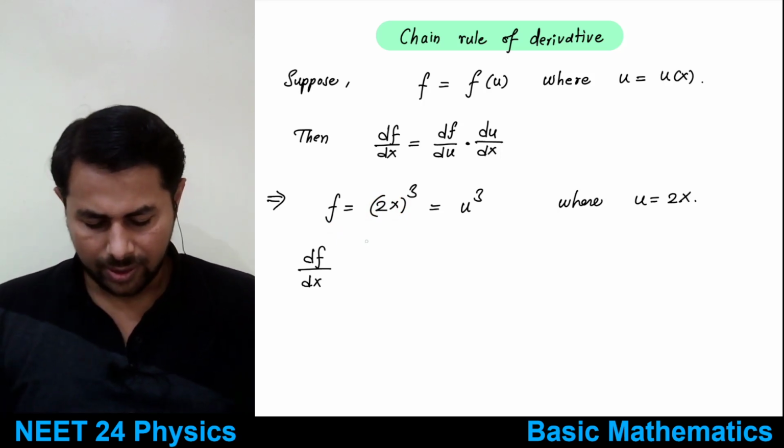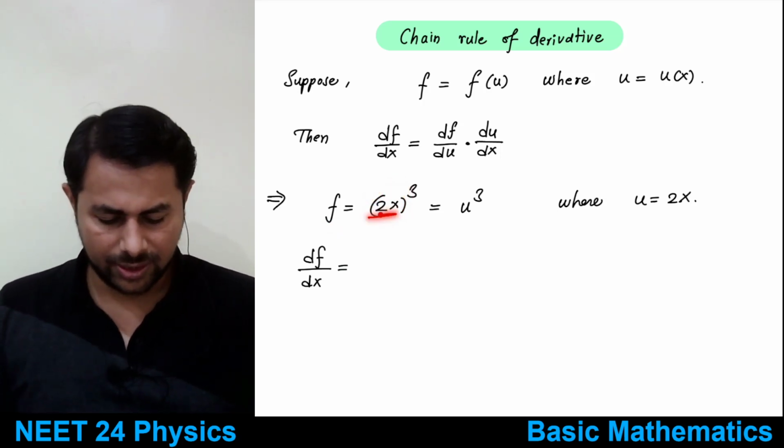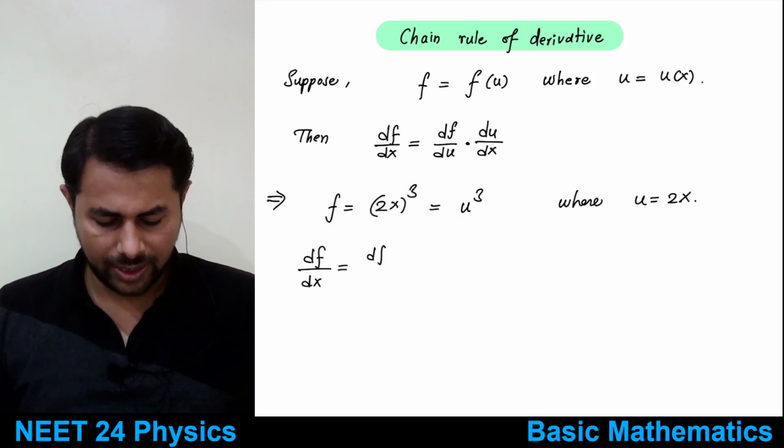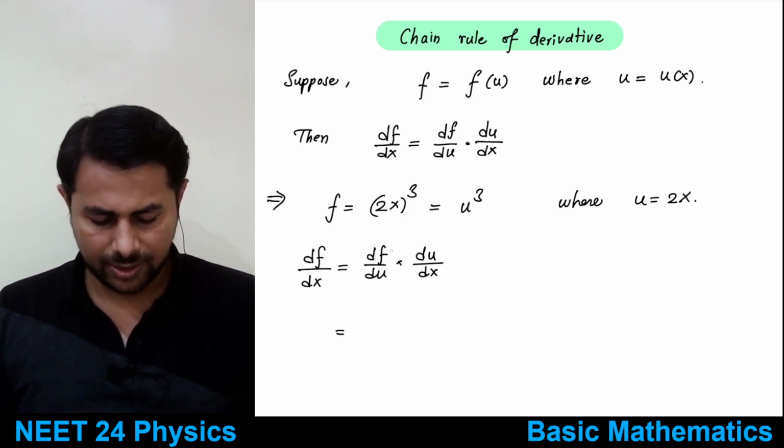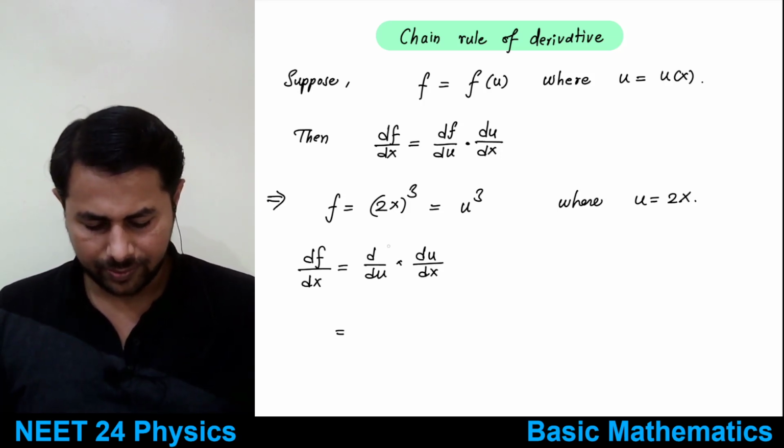So this thing can be written as u cube, and df by dx is df by du multiplied by du by dx. What is df by du? It is the derivative of u cube.